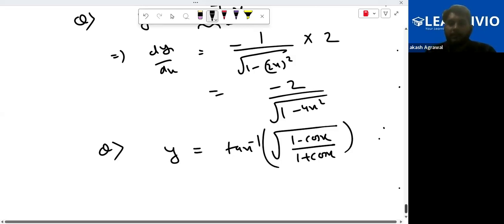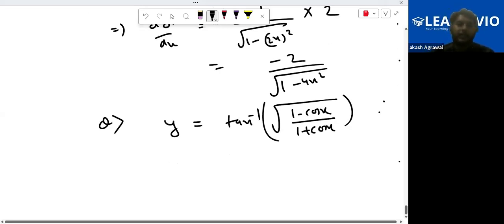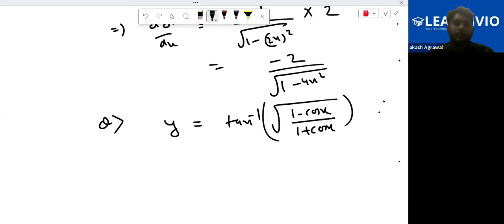Please solve this. Remember, in differentiating inverse trigonometric questions, it's always better to use properties of inverse trigonometric functions and simplify first. If you just jump into the question and do chain rule and differentiation, it will be a very lengthy question. You still might get the answer if you keep on differentiating and simplifying, but the better use of your time is to simplify first, then differentiate.